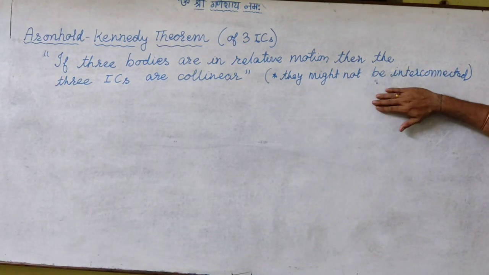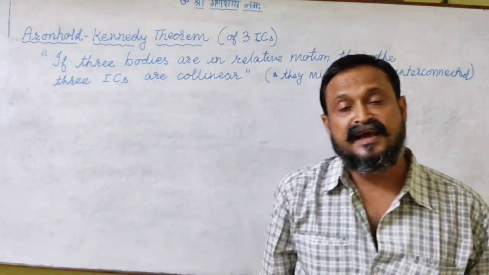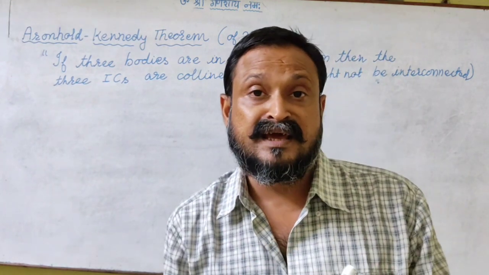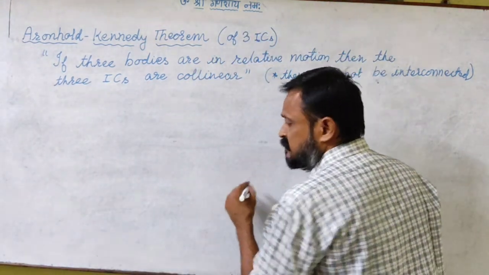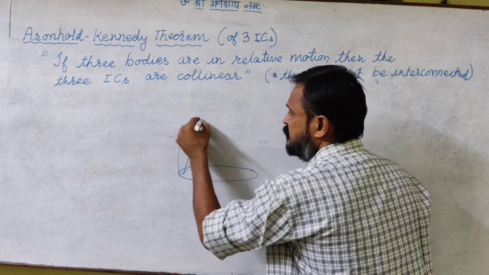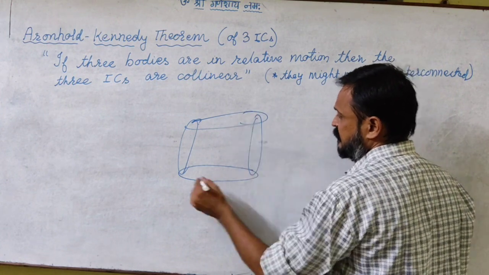Now they might not be interconnected. That means the bodies we are talking about might not be interconnected, but there does exist a relative motion between them. Say for example, if we consider a 4 link mechanism like this.